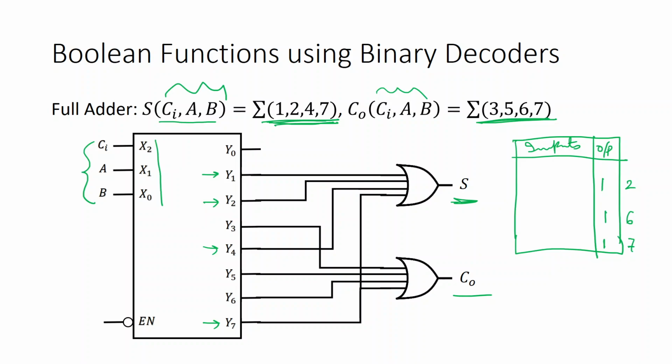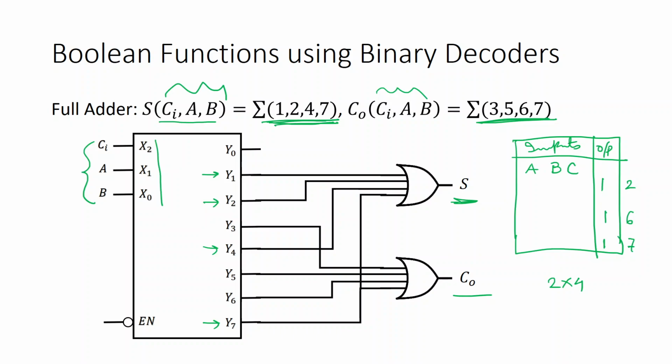That's all. Now the problem can come in a bit complicated manner, where you may be having 3 inputs, but you may be asked to use 2x4 decoders only. That is not so complicated, because I know that using 2x4 decoders I can build up a 3x8 decoder.